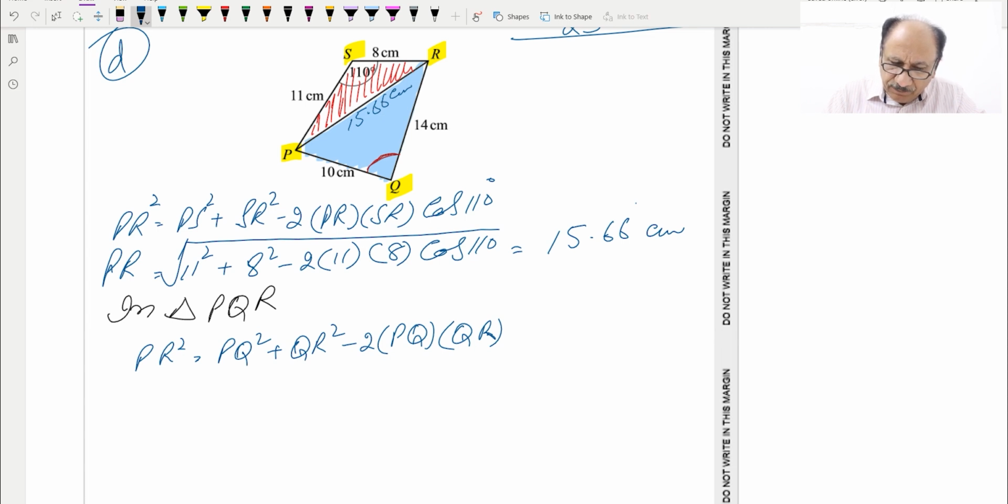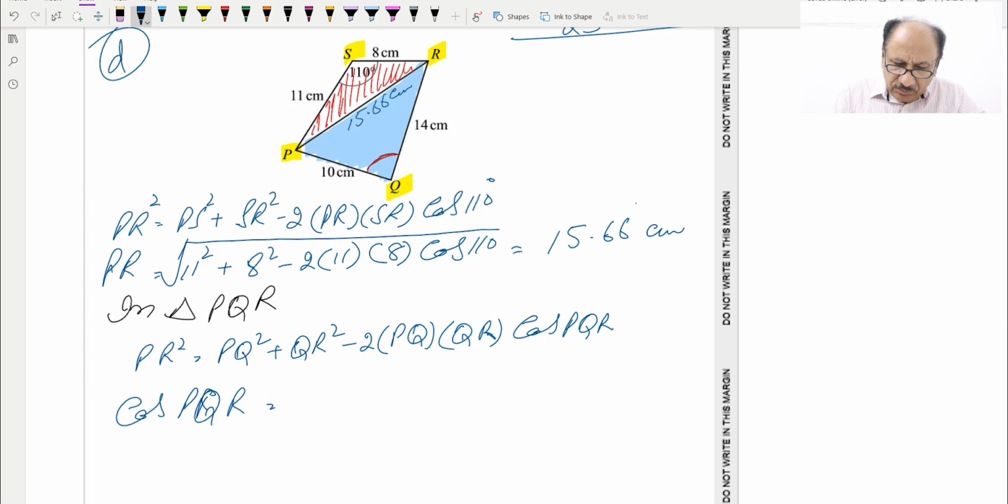If you have not memorized, then you can use this method also. Cos of PQR will be equal to what?